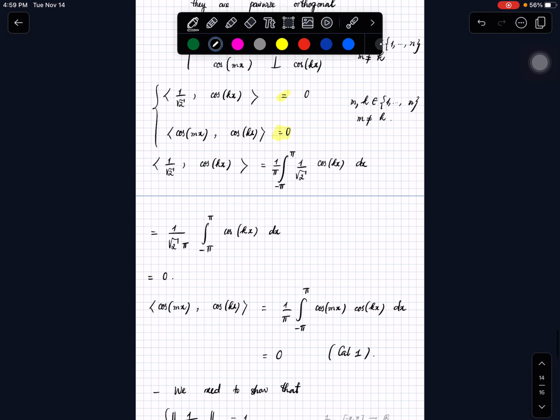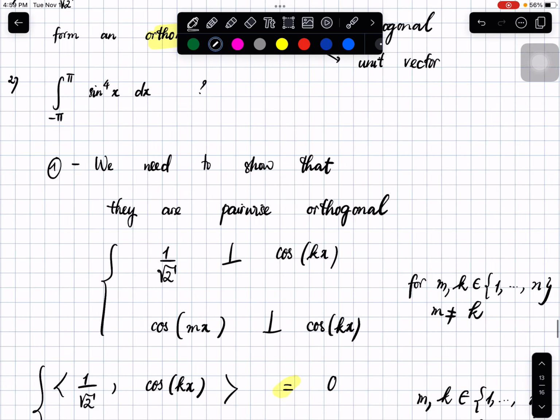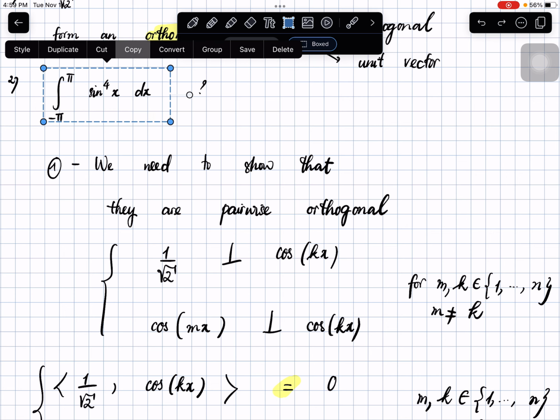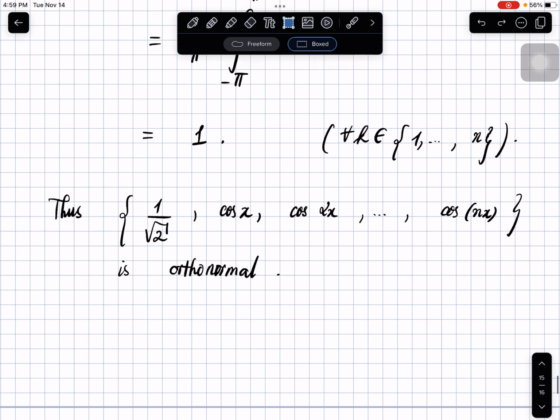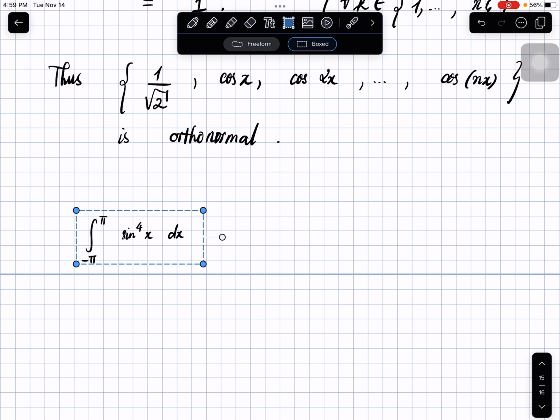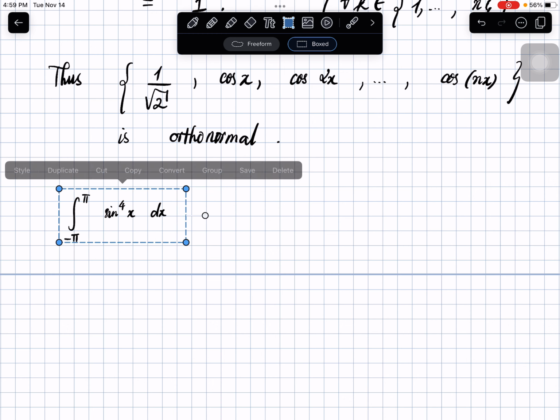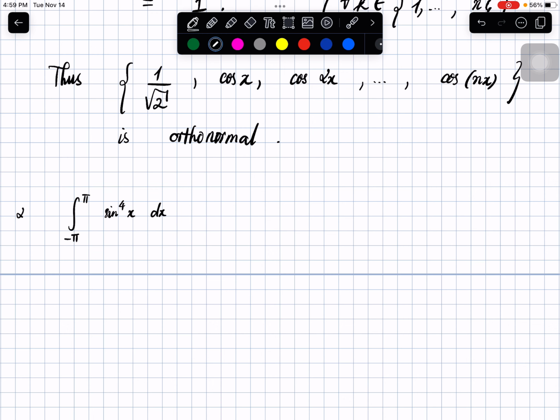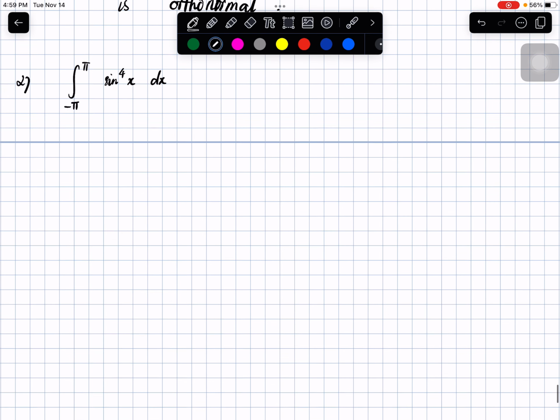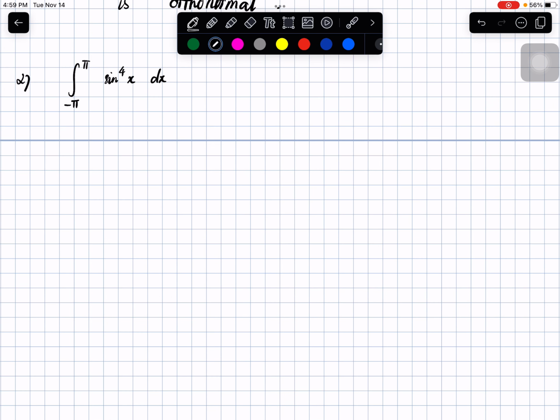The second question we need to do is to compute the integral of sine to the power 4 of x dx. And we will compute it using inner products.